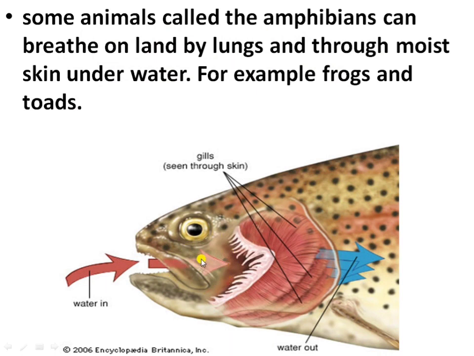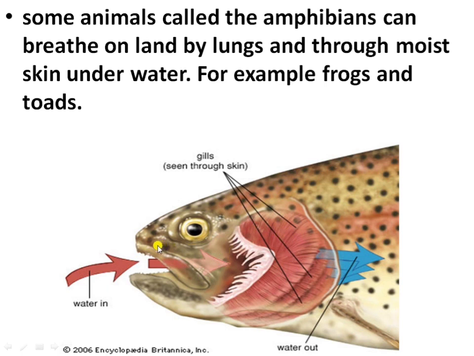As you can see in this picture, this is the breathing process in fish. Fish are aquatic animals and have the special structure called gills. These are the gills that you can see here through the skin. Gills are thin leaf-like projections present on both sides of the body. They are richly supplied with blood vessels for the exchange of gases.